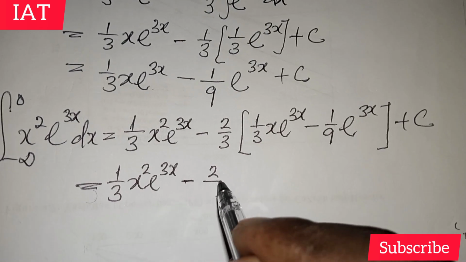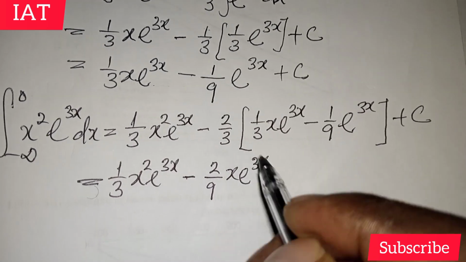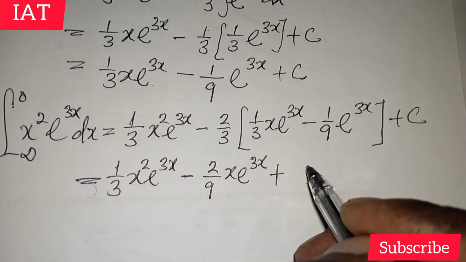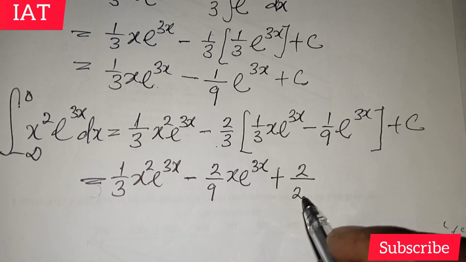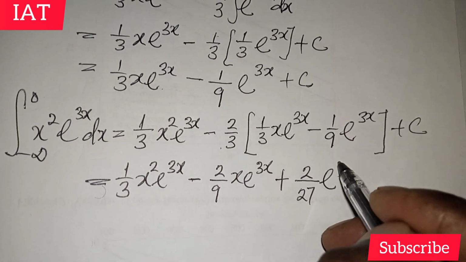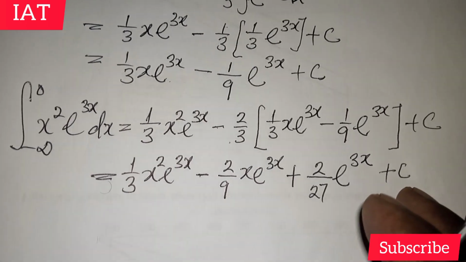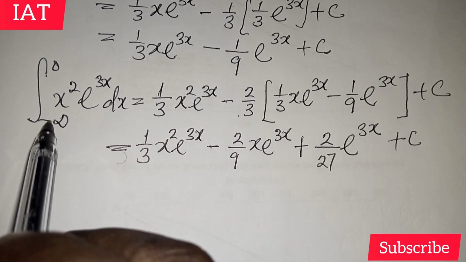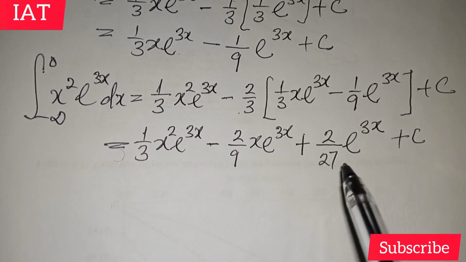So we have 2 over 9 x exponential 3x minus, we affect this minus to be positive, 2 times 1 will be 2 and then 3 times 9 will be 27 exponential 3x and plus c. So this is what we have. So now we need to apply this upper limit and lower limits to this expression.